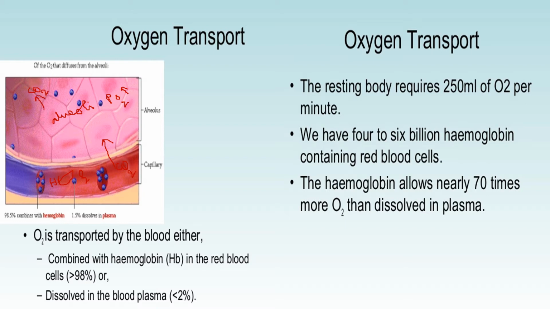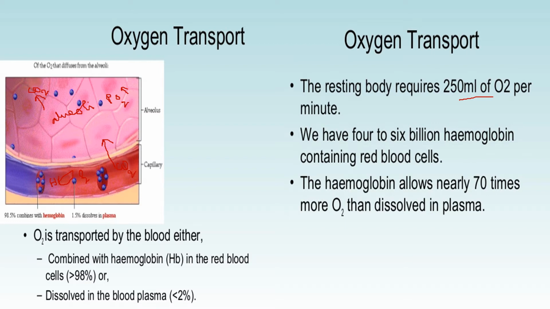So here, who is playing a key role in the exchange of gases is nothing but the hemoglobin. Hemoglobin, which is present in the RBC cell, is responsible for transporting oxygen and carbon dioxide. The resting body requires 250 ml of oxygen per minute, and we have in our body approximately 4 to 6 billion hemoglobin molecules which are present in red blood cells.